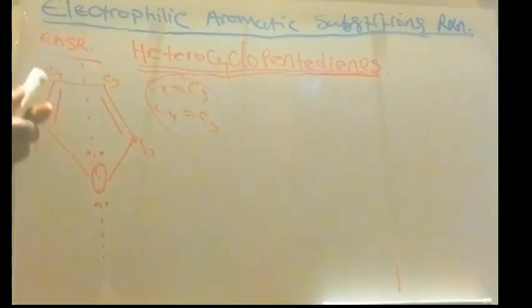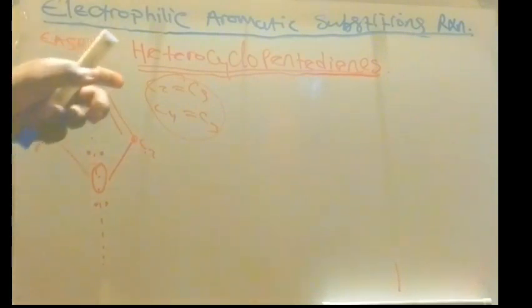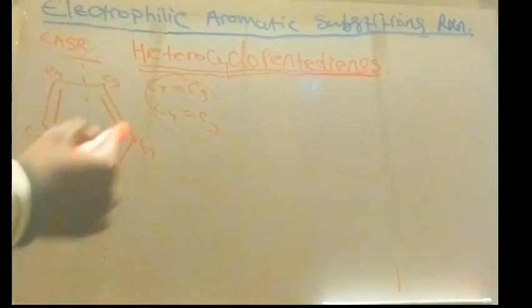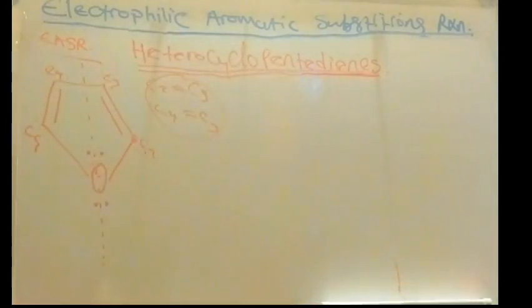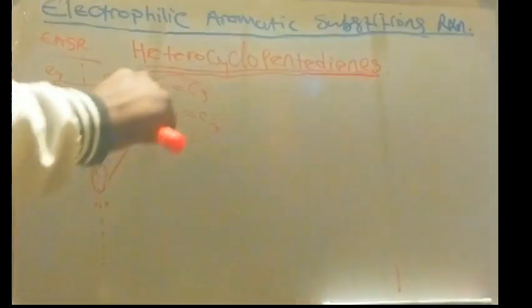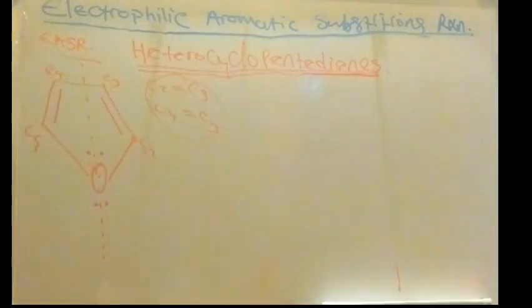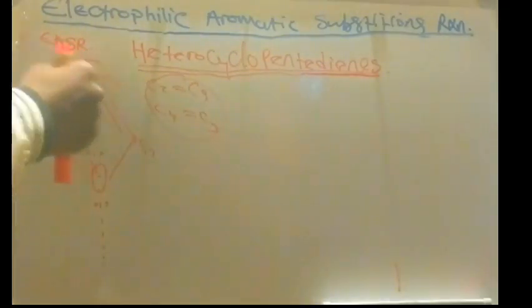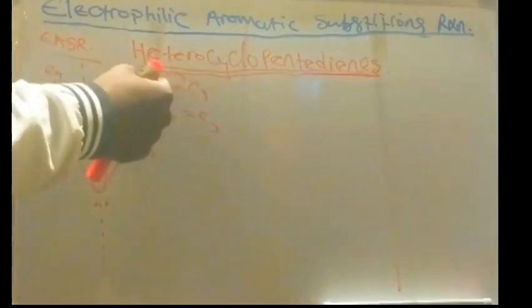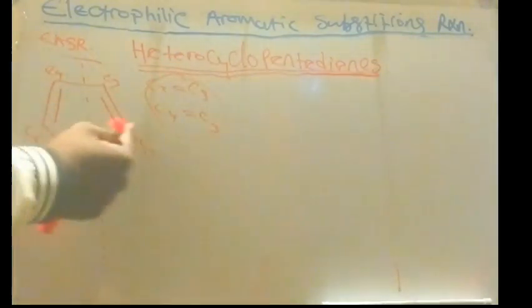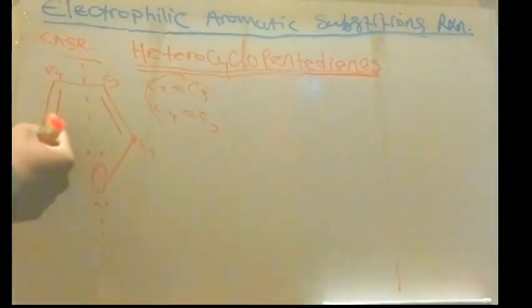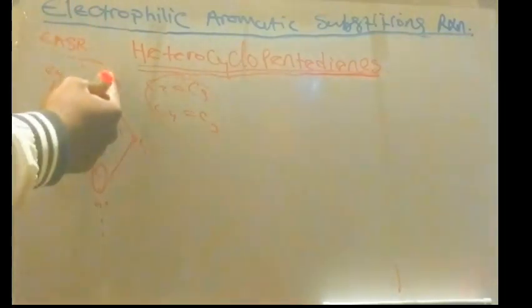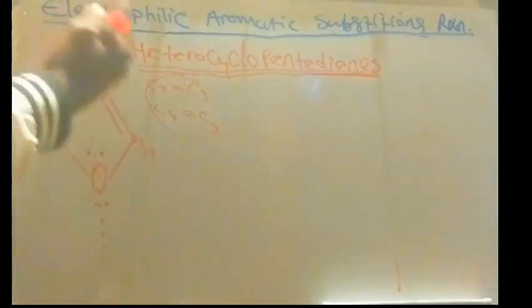Alright, so keeping that in check, we want to know which position would be most suitable for the incoming molecule. So we see we only have two actual positions in this case, which is this first position here and this second position here. If we have equalized these two and these two based on symmetry, that means this and this are the same, so this is 1, and this are the same, so they are also 1.